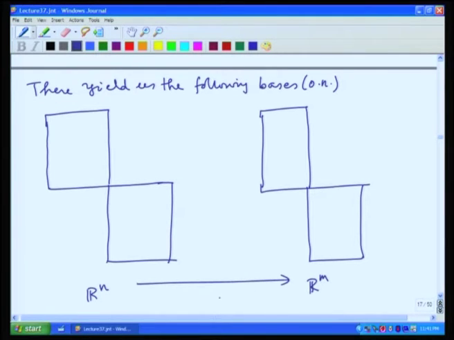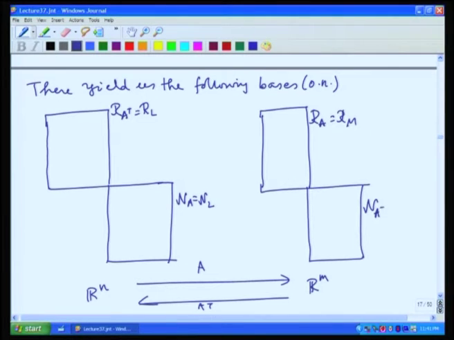A is a mapping from here to there and A transpose on this side, and this is the range of A transpose, which was the range of L. This is the null space of A, which was equal to the null space of L. This is the range of A, which was equal to the range of M, and this was the null space of A transpose, which was equal to the null space of M.